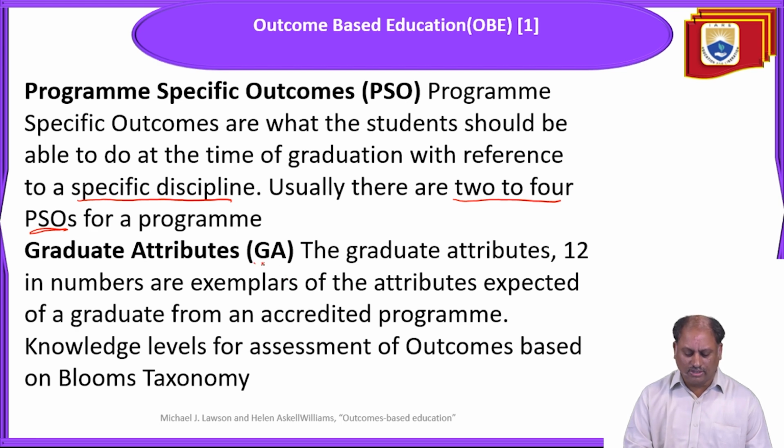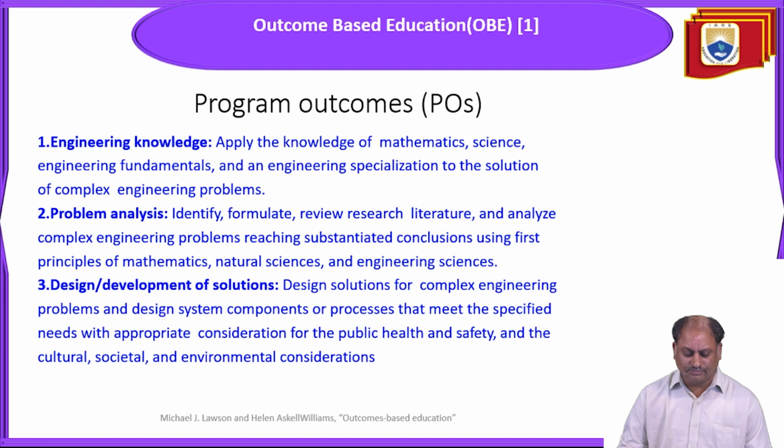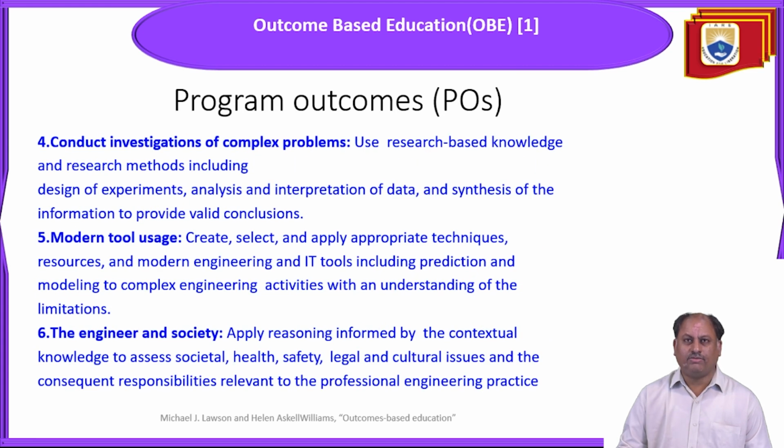Graduate attributes are common to all programs. That means these attributes are expected at the time of graduation for each student. They are: engineering knowledge, PO1; problem analysis; design and development of solutions; conduct investigations of complex problems; modern tool usage; engineer and society.